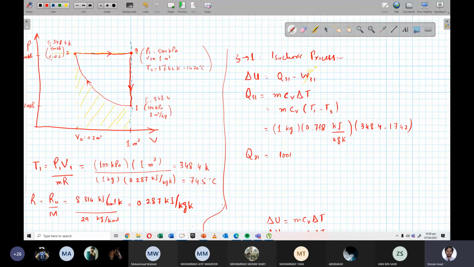It's just that part if you look at it, but it's also negative.